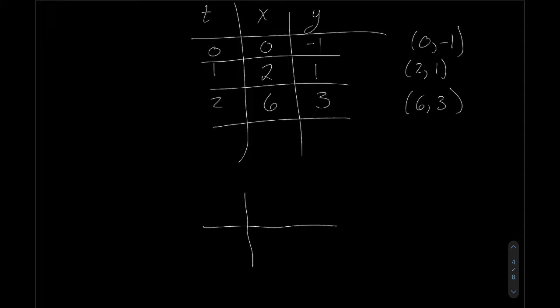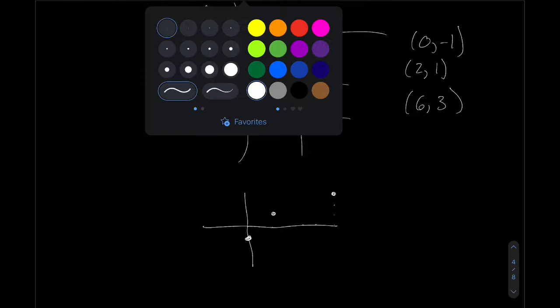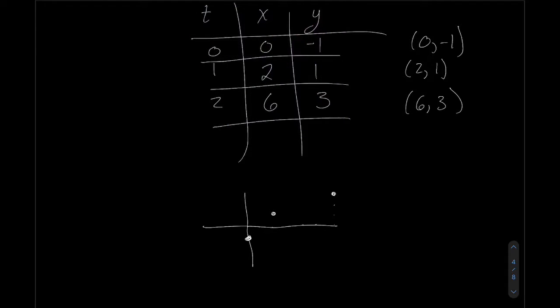Let's make a small graph and plot these points. So x is 0, y is -1, and then x is 2, y is 1, and then at 6 we have 3. So our graph looks like a segment of the parabola moving up and to the right.